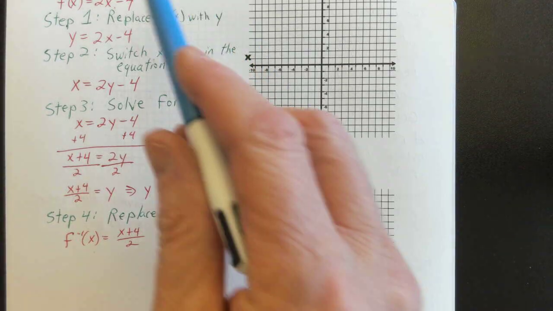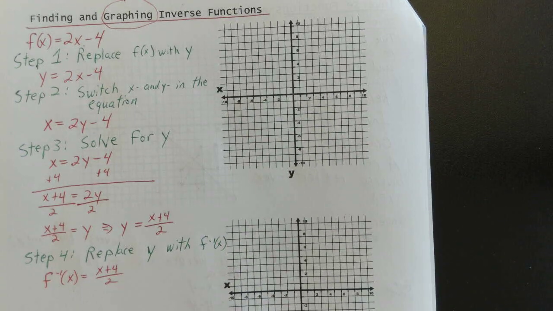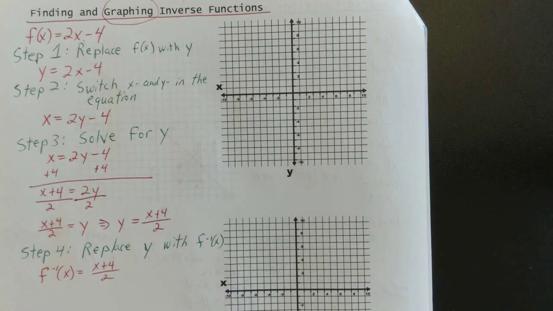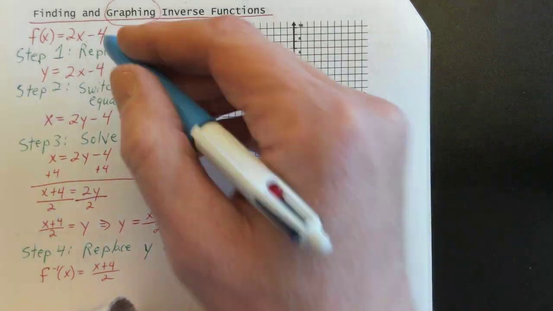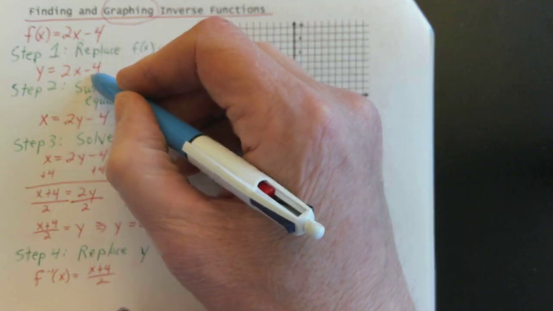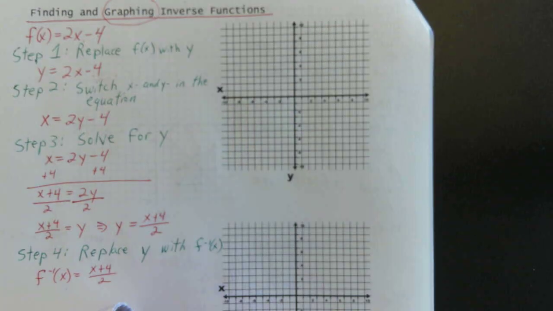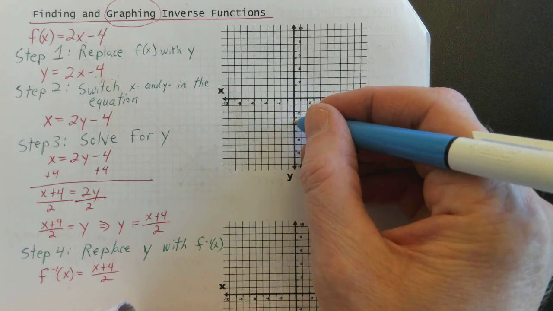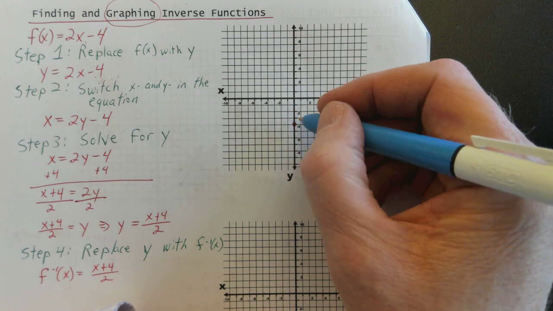Now, I said let's graph both of those. Let's graph f of x equals 2x minus 4. It's y equals 2x minus 4 is the other way of thinking of it. What's the y-intercept for that? Michael? Negative 4. So 1, 2, 3, 4. Let's put a point at 0, negative 4. What's the slope?